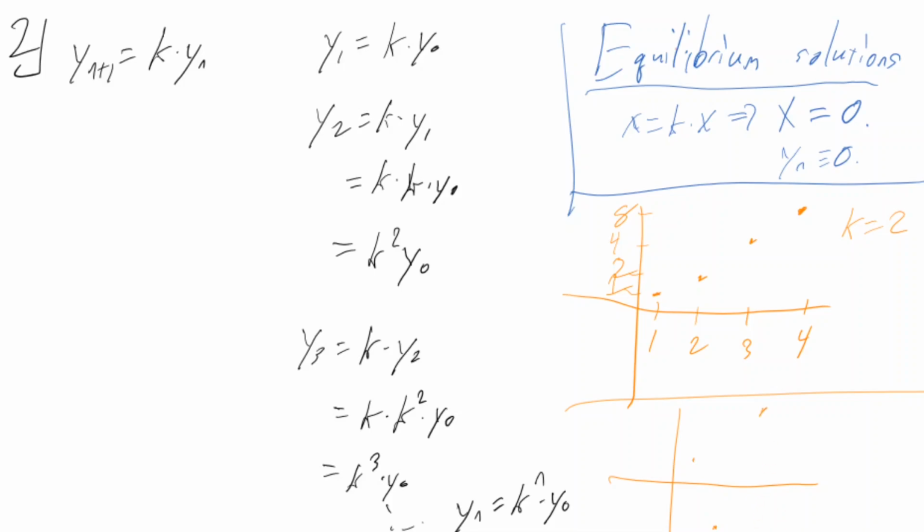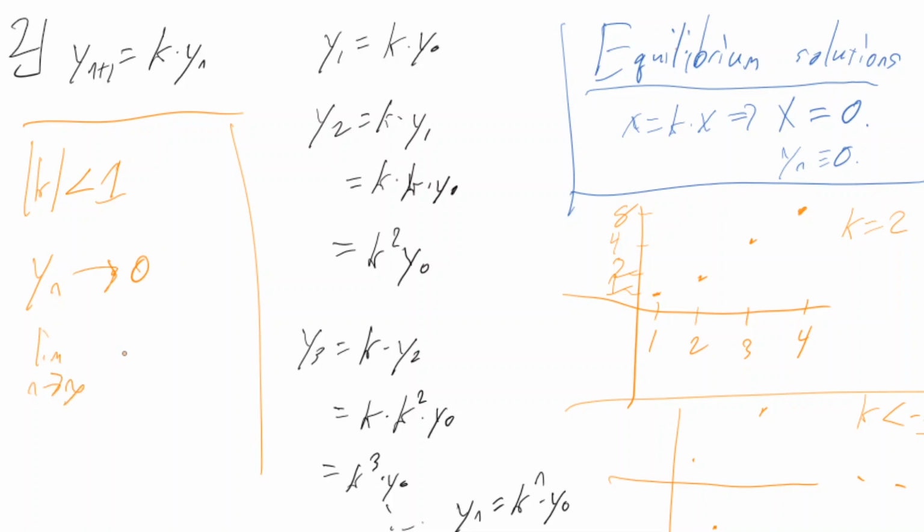So when k is less than -1, then it's going to be getting bigger and bigger and flipping signs each time. But if the absolute value of k is less than 1, then as n gets really, really big, we could take the limit and see that k to the n goes to 0. So no matter what our initial conditions are, this sequence will go towards 0.